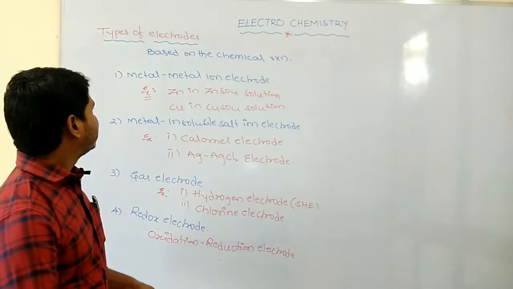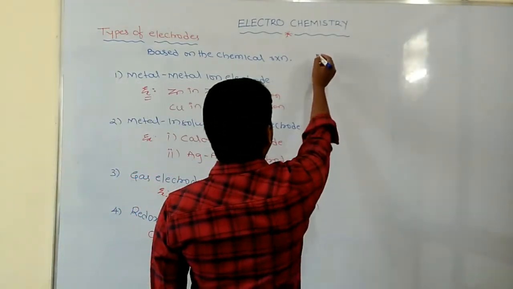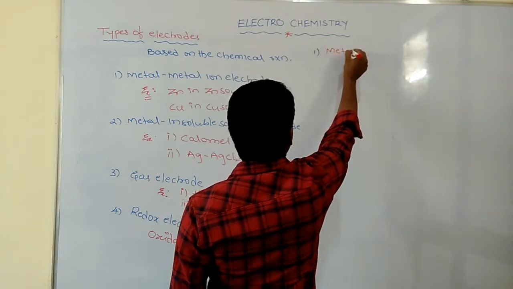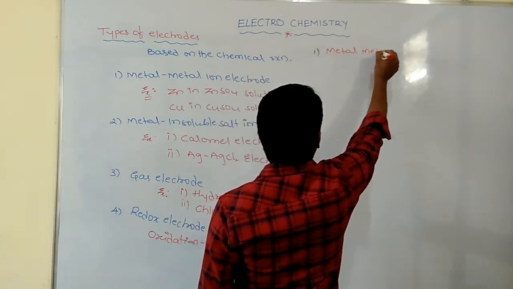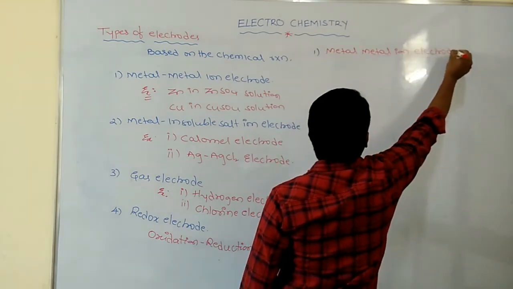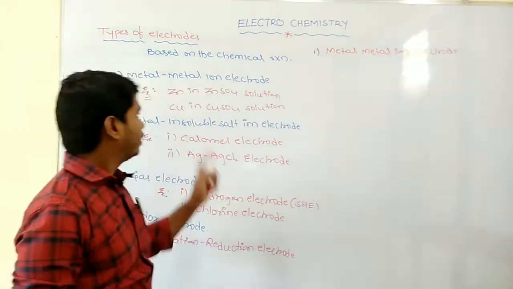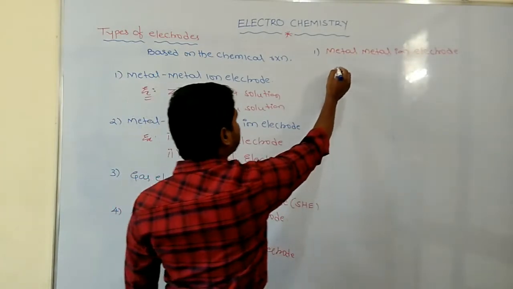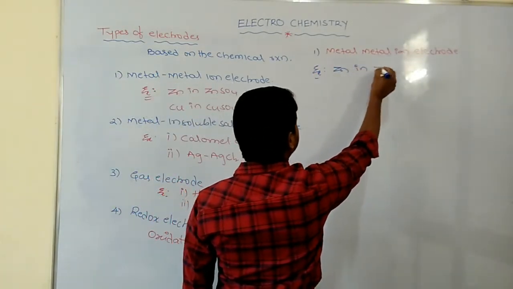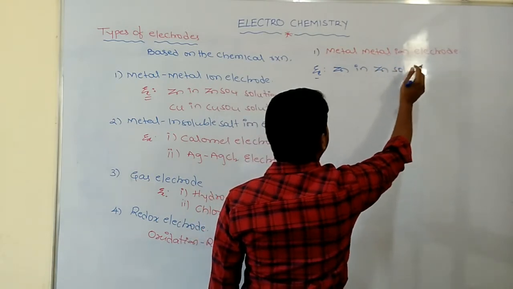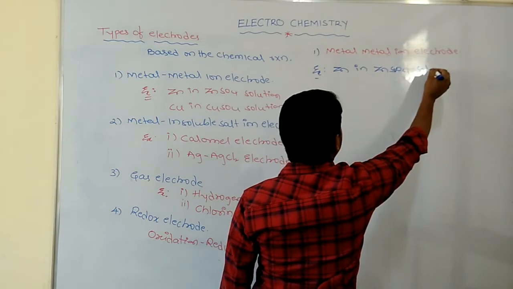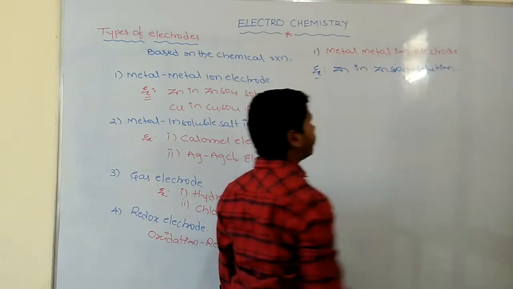Let's discuss the metal ion electrode. Here, let's take the example of zinc in zinc sulfate solution, or electrolyte.